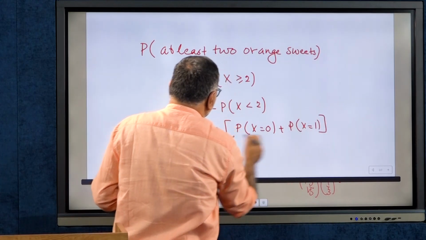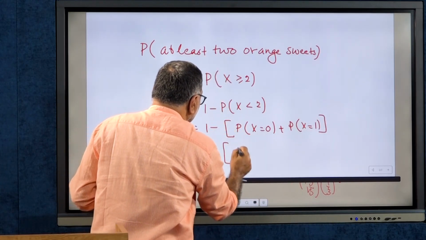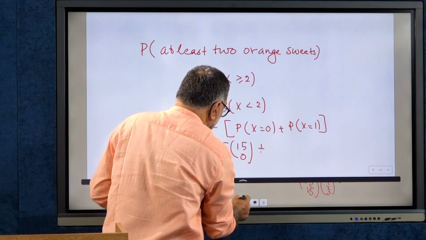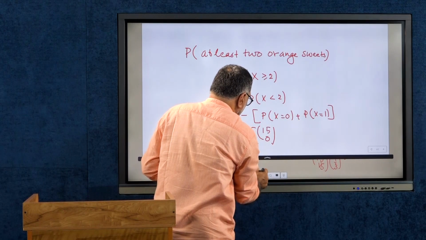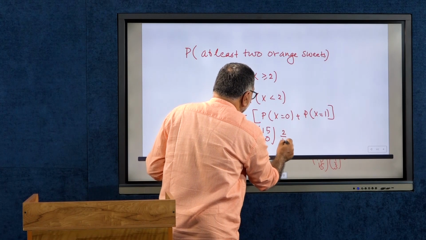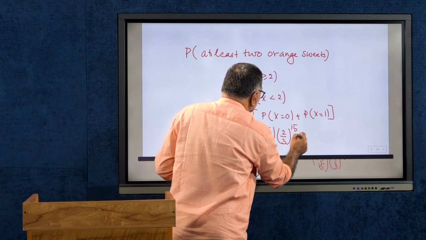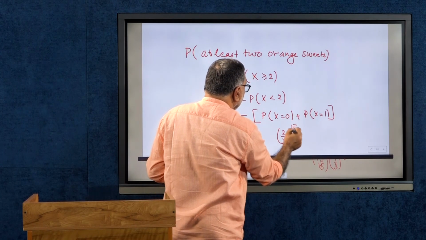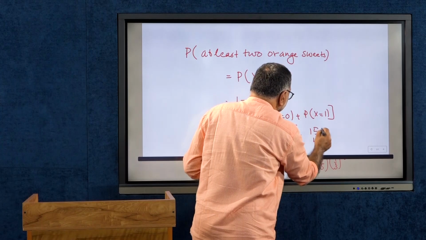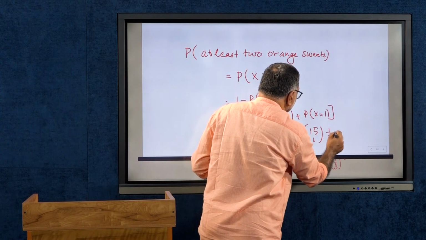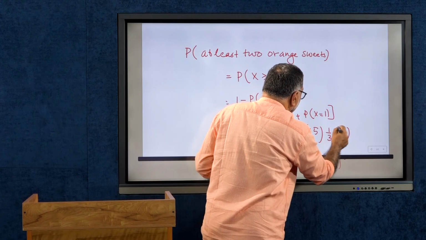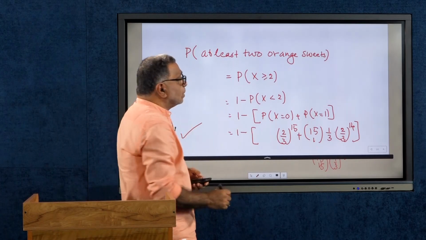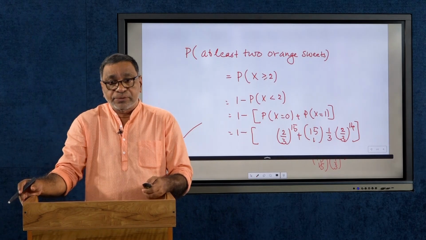Substituting the values, we have 1 minus 15C0, (1/3) power 0, that is 1, and (2/3) power 15, and 15C1, (1/3) into (2/3) power 14. So this is our probability of getting at least 2 orange seeds.